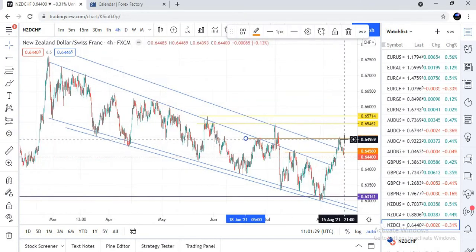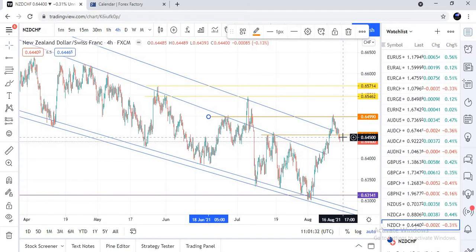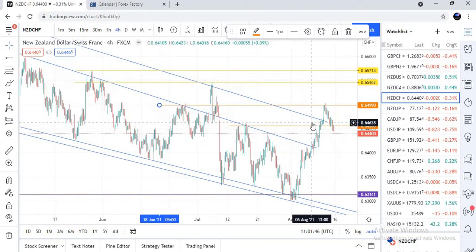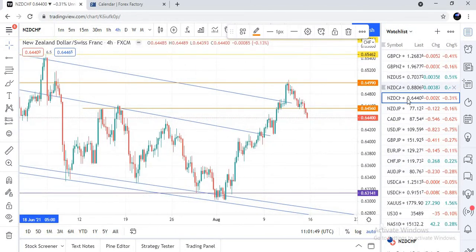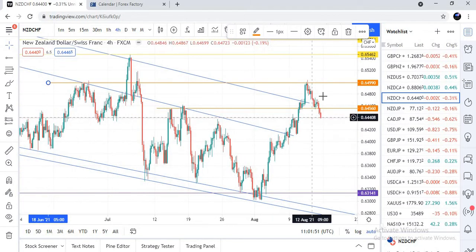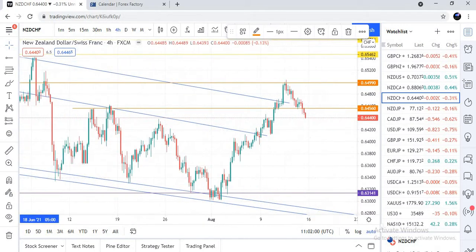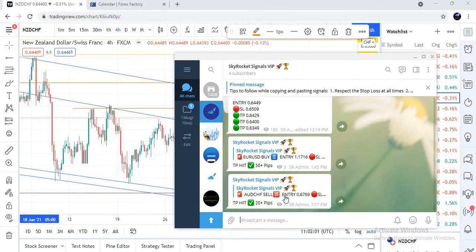We used the Swiss franc movement because I think the CHF is quite bullish, which means other pairs with the CHF as their quote currency will be bearish. So we just used AUD-CHF as a signal for this NZD-CHF because they kind of move in the same way sometimes.